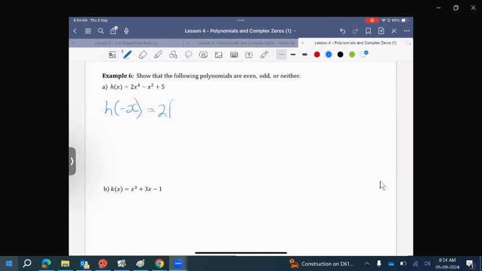We get 2 bracket minus x to the power of 4 minus bracket minus x to the power of 2 plus 5. This gives us 2x to the 4 minus x squared plus 5, which is exactly the same as what we started with. So this is h of x. This implies h is an even function.